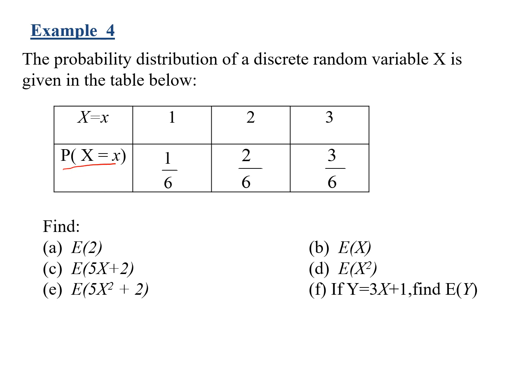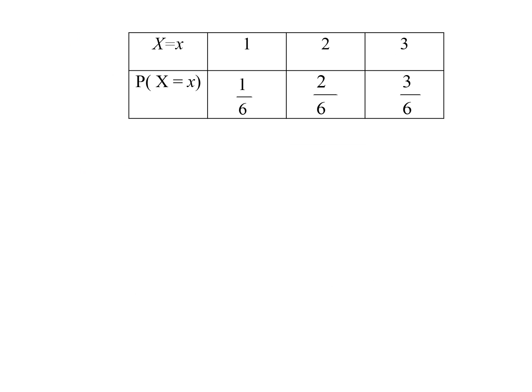If y equals 3x plus 1, find E(y). That's the solution. Okay, for E(2), by referring to the properties that we have learned just now, where 2 is a constant, our answer will become 2.